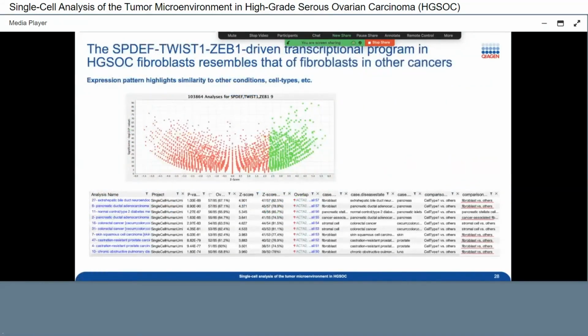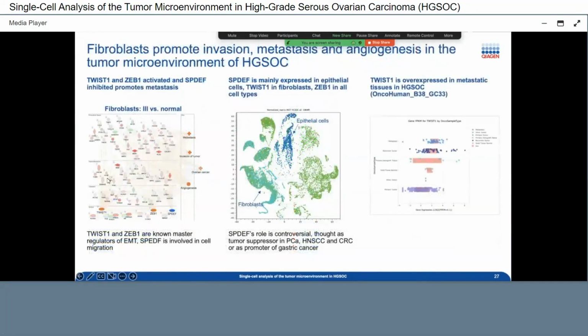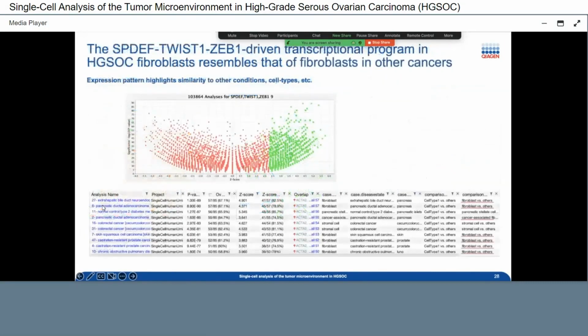But let's go back to that idea of pattern. So let's go back to that particular network, TWIST1, ZEB1, SPDF1 network. I'm going to find out where do we find that? That's the pattern search.